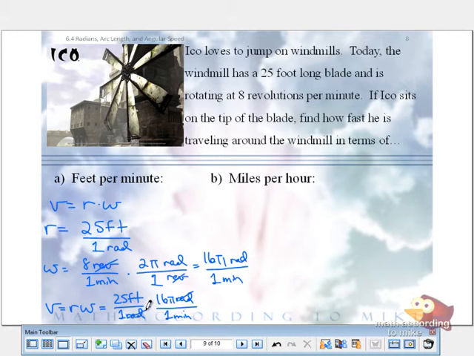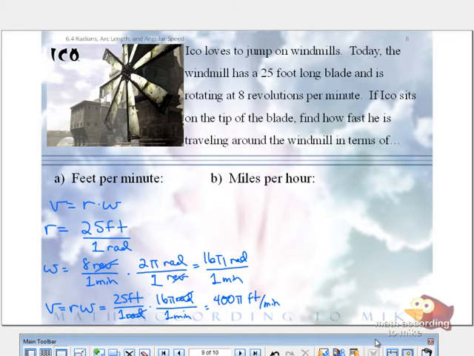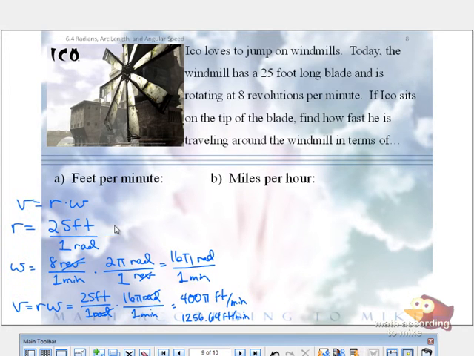What is 25 times 16? 400? So we'll have 400 pi feet per 1 minute. So I'll just write it like this, feet per minute. That's the exact answer. What is that in decimal? Let's go to 2 decimal places. 1256.64 feet per minute.